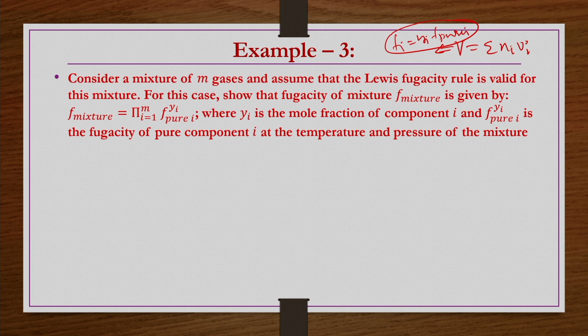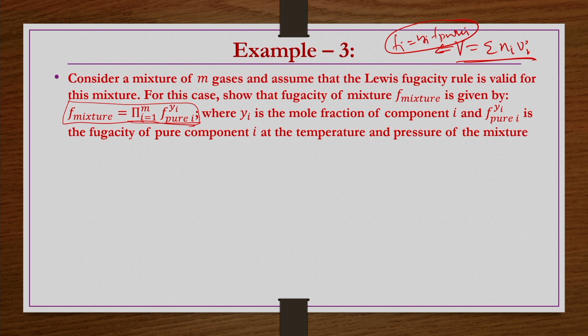This is the Lewis-fugacity rule in terms of fugacity. Whereas capital V equals sigma n_i v_i is nothing but Avogadro's law. So for this case, show that the fugacity of the mixture, f mixture, is given by capital pi, i equals 1 to m, of f pure i to the power y_i. This is what we have to prove, right.